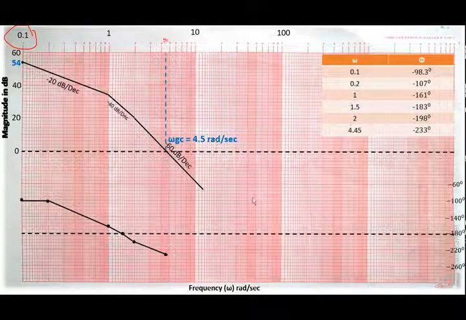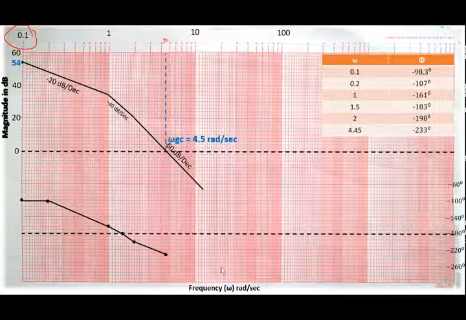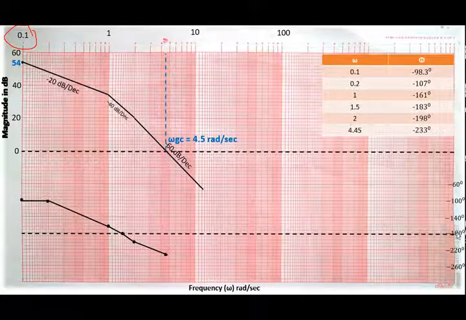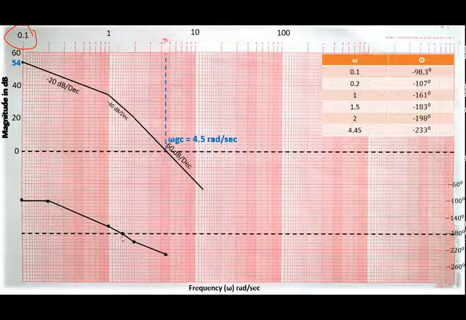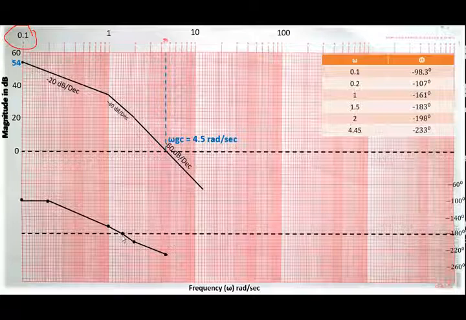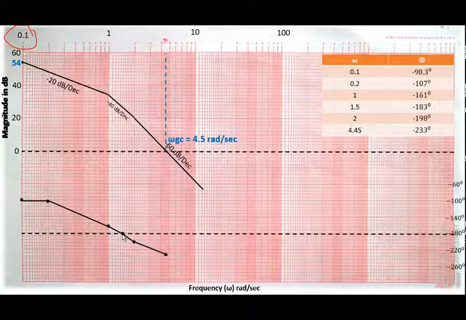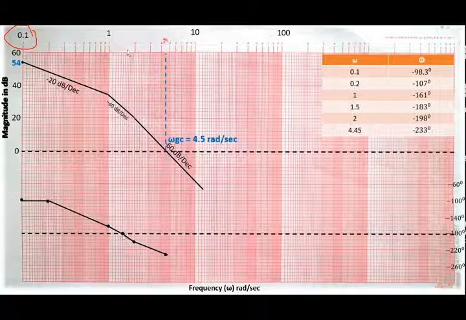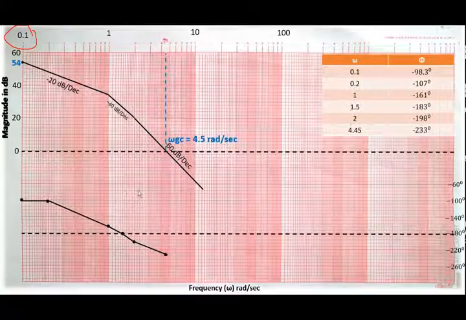Next, we need to find out the phase crossover frequency. For the phase plot, minus 180 degree is the reference line. So where the phase plot coincides with the reference line, from that point see the corresponding frequency and find out the value.